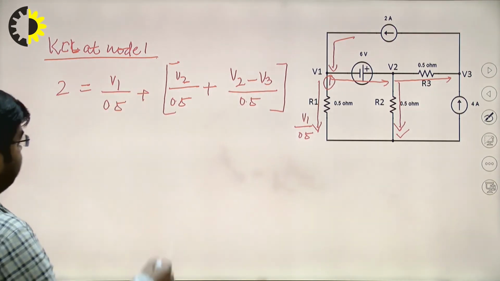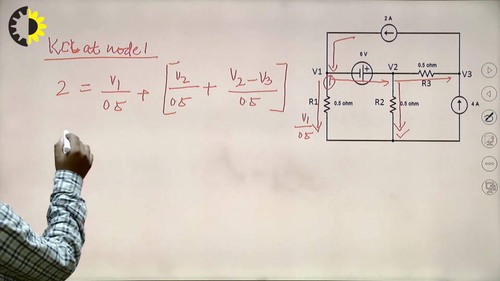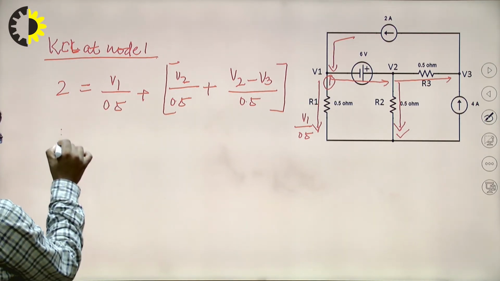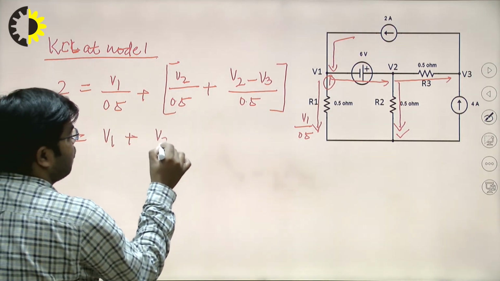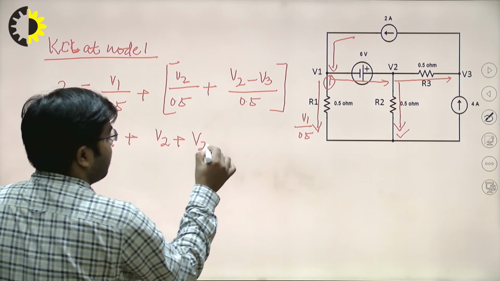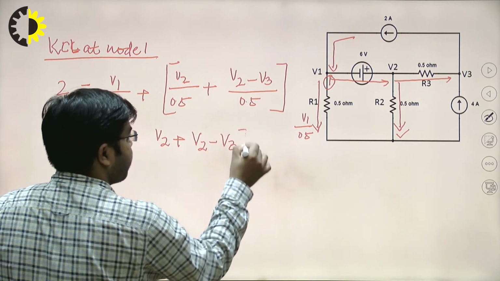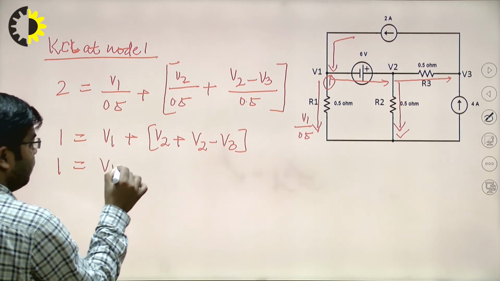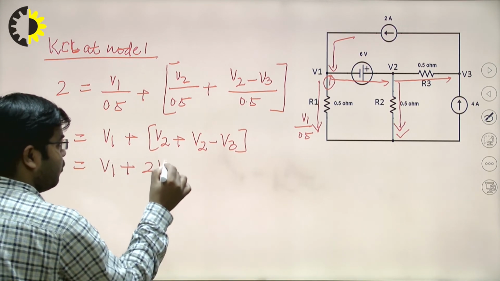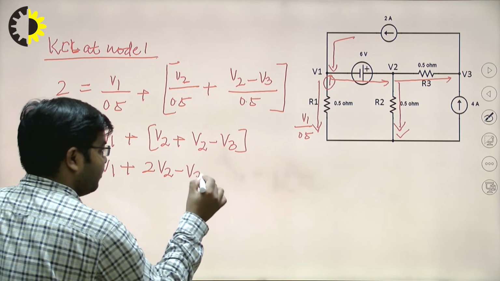Now solve this equation. Just cross multiply. So 1 equals V1 plus V2 plus V2 minus V3, which is 1 equals V1 plus 2V2 minus V3.